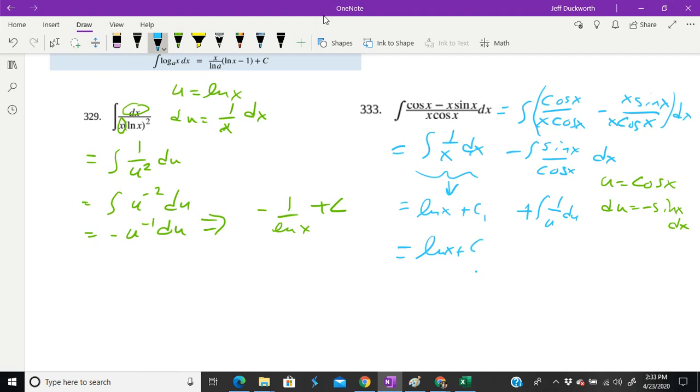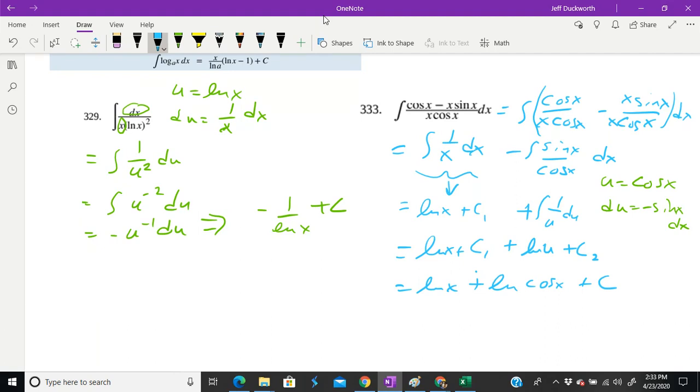And then this, we have a 1 over u situation, which is just ln. We'll combine the c's into just a regular c. This is ln of x. When we replace the u with what our u was, it's cosine, so ln of cosine, and then plus c.